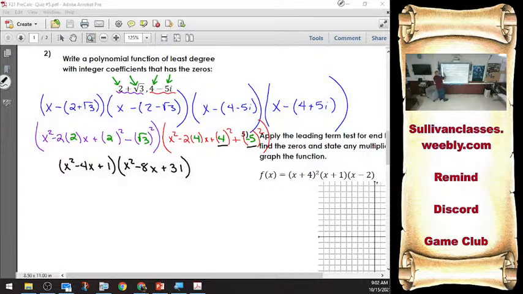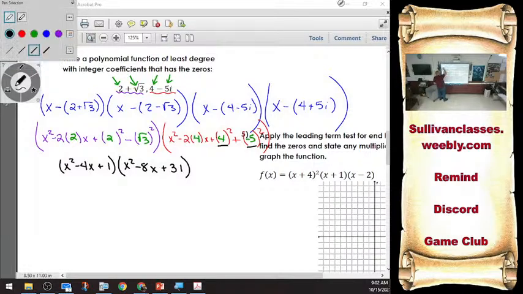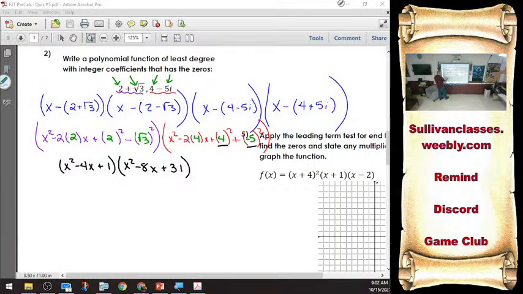And then distribution bonkers. X squared times all the stuff is x to the 4th minus 8x to the 3rd plus 31x squared, -4x. What? 16 and 25 is, yeah, it's 41.